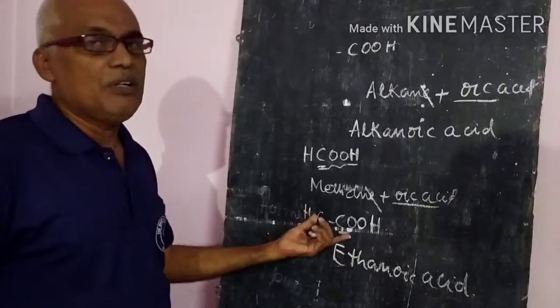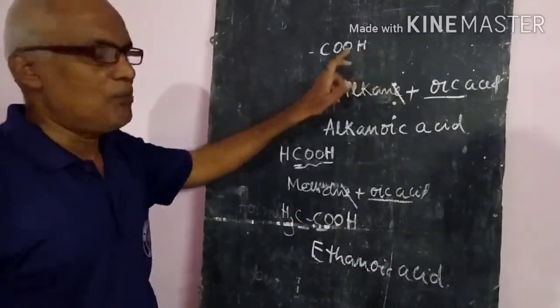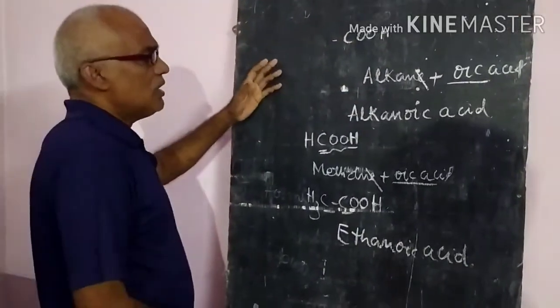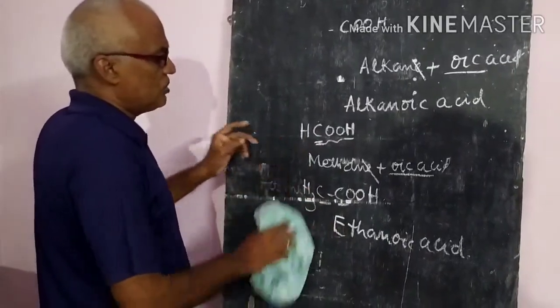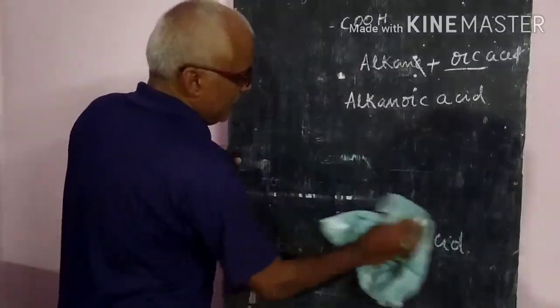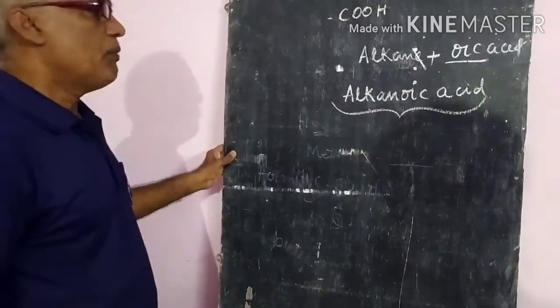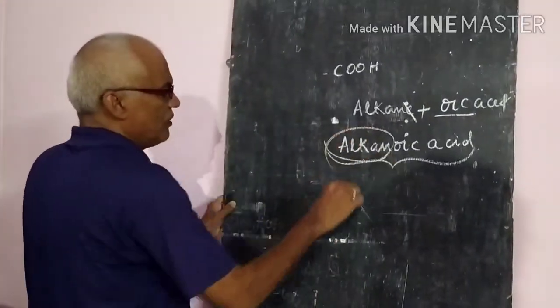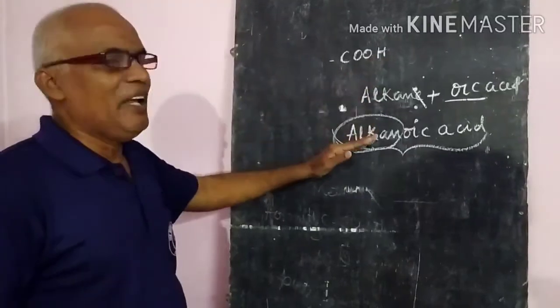Four carbon atoms, butanoic acid, butyric acid and butanoic acid, both are almost the same, taken from the butter. So the general IUPAC name for an acid is alkane plus oic acid, alkanoic acid, parent chain. If they have only one carboxyl group, we give the names like this.